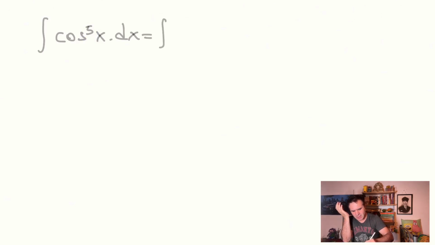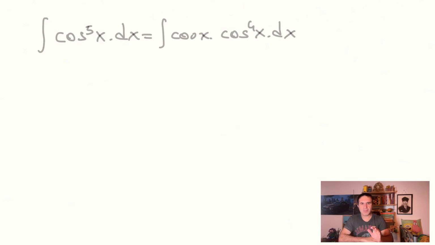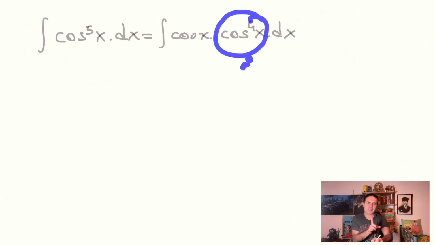And let's say this will be equal to the integral of cosine x times cosine to the power of 4x dx. But pay attention, in any case where the exponent of cosine x is odd, we do it the same way. Just separate a single cosine x factor and write the other part using sin x.